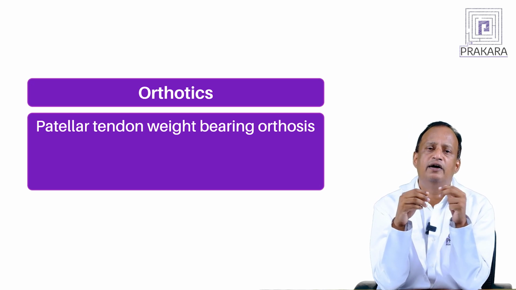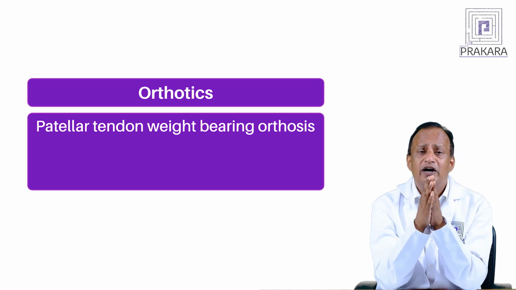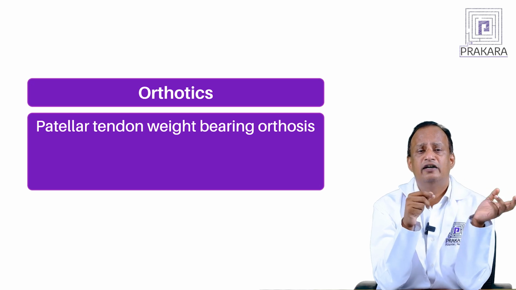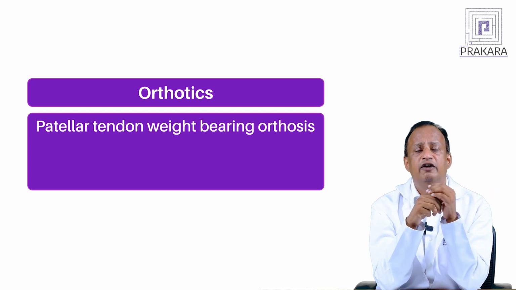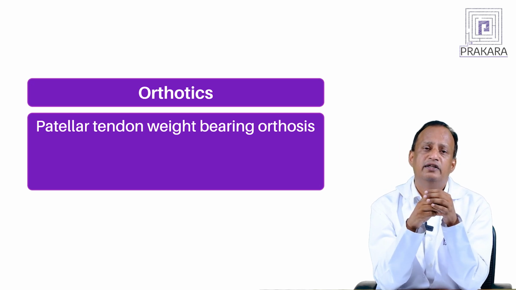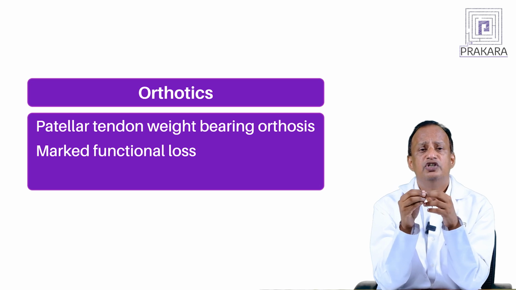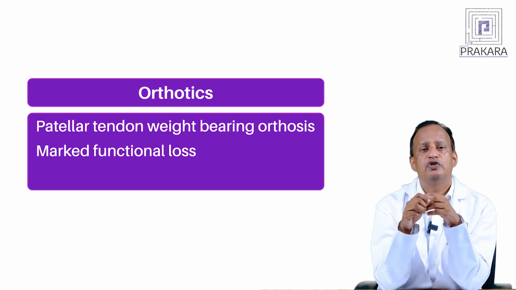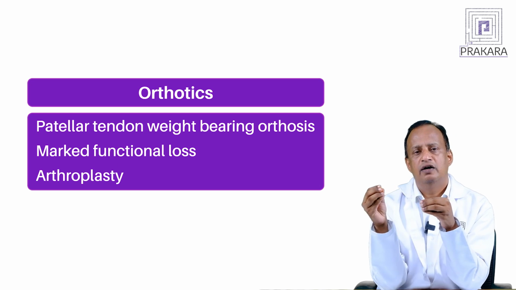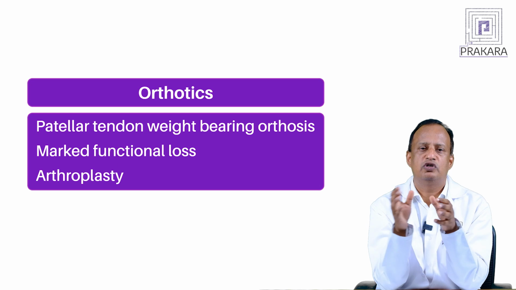And the other thing: when the joint is destroyed, according to the Kellgren Lawrence grading, if it is somewhere between 3 and 4 and there is a marked function loss, in those conditions we can ask the person to go for an arthroplasty. Already we have discussed arthroplasty, like knee arthroplasty, and the components and relevant physiotherapy associated with that.